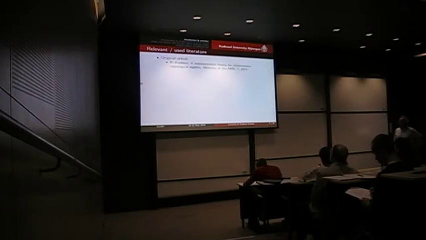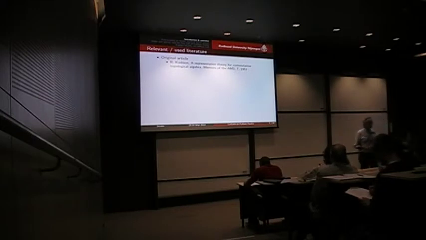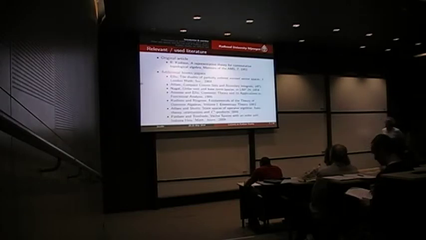What is the relevant literature? Of course, this is the original article by Kadison. It's not available on the web, at least I could not find it as a PDF. And this is a collection of sources I used to assemble a proof.